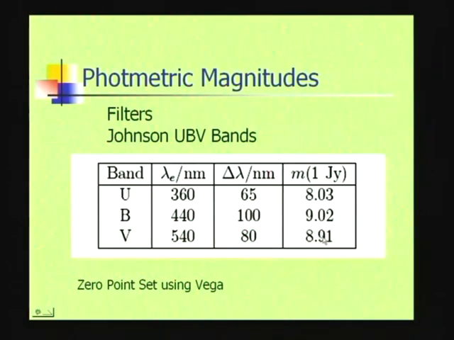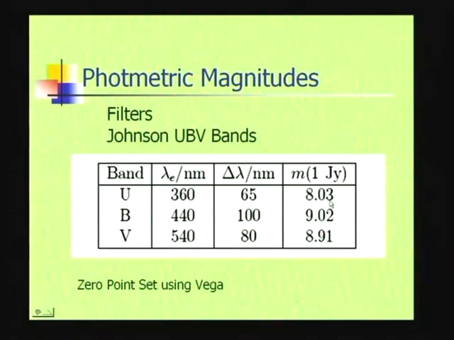What I have shown over here is the magnitude corresponding to 1 Jansky. So, if I had a source whose flux density is 1 Jansky across this entire band, then the value of the corresponding magnitude is 8.03.